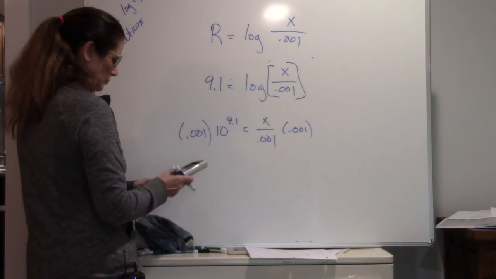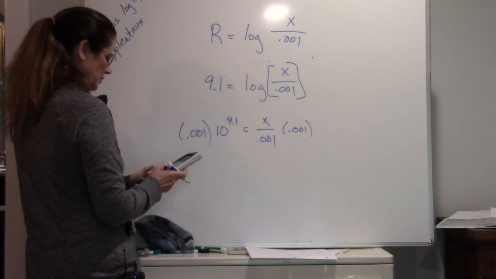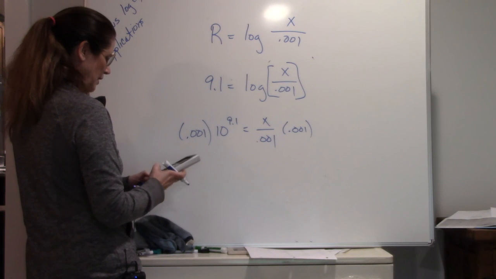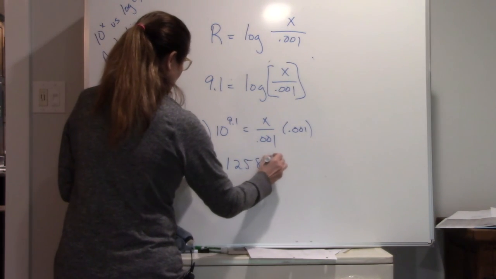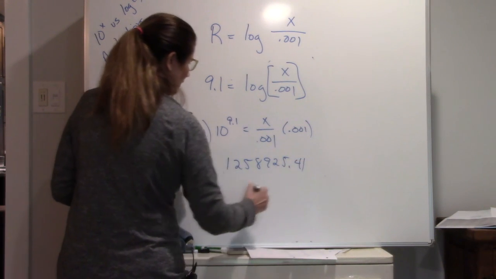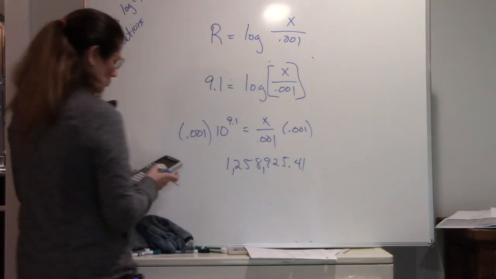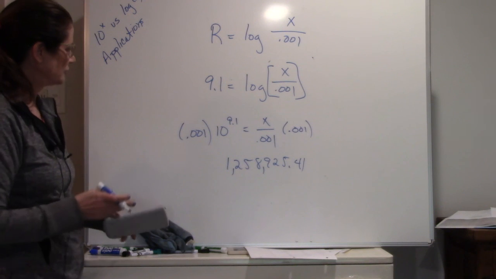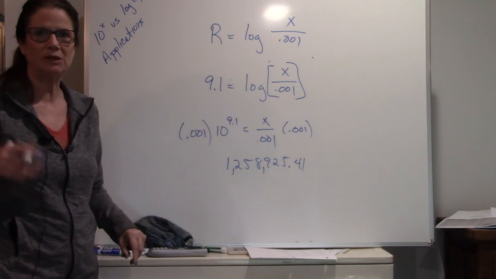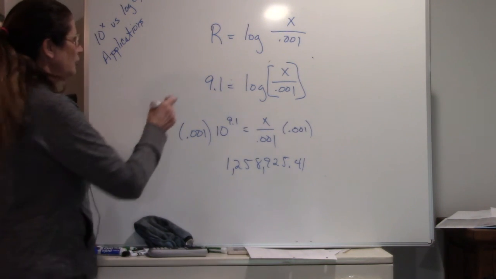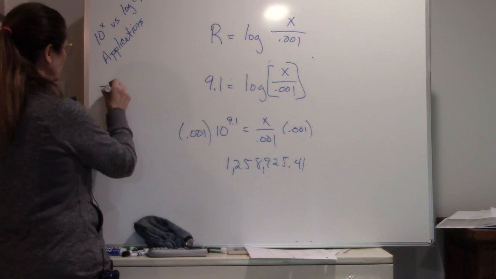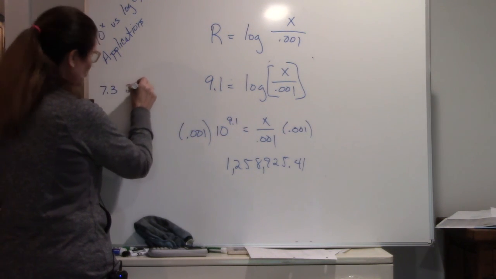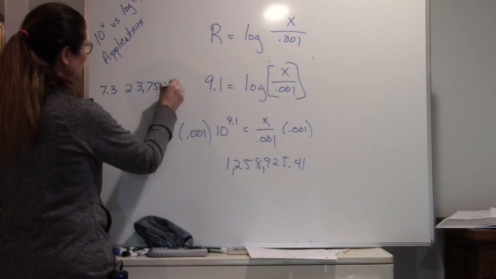So you're going to go 0.001 times 10 raised to the 9.1, which gives you 1,258,925.41. So that is 1,258,925 millimeters. You can see how much it went. For the 7.3, it was 23,750 millimeters.